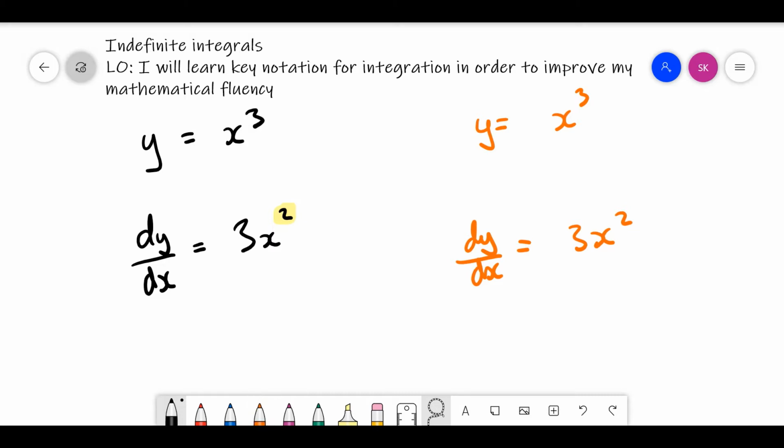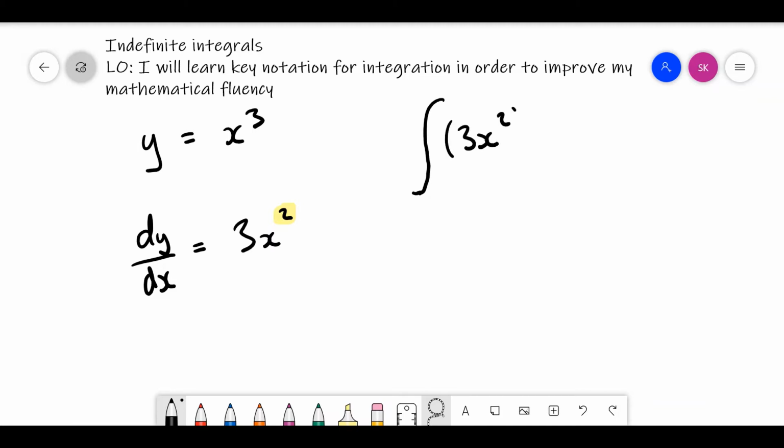Now, a different way of asking this same question, what is the function y if dy by dx is 3x squared, is to write it like this. So this elongated s means integrate.